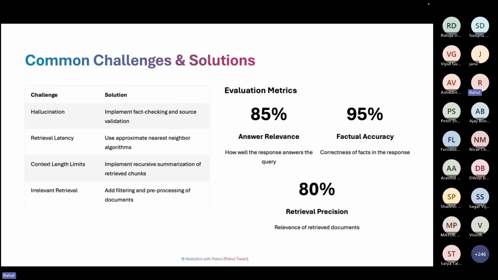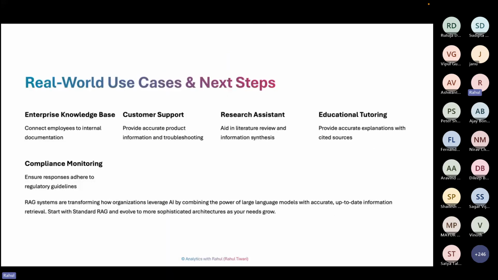The real world use cases you can try to implement in your companies can be an enterprise knowledge base. I'm going to show you one example today where I will have a small HR policy document and I'll create a RAG system, right? Basically, the code is ready; I'll just quickly go through that. So: enterprise knowledge base, customer support, we can create a research assistant, educational tutoring, compliance monitoring.